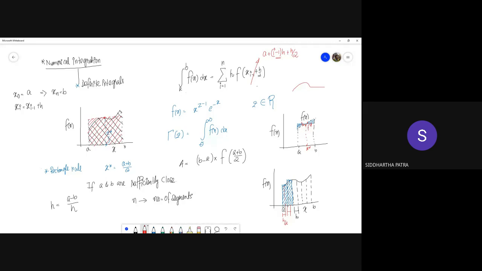My point here is that if the portion of the function in a given segment is actually a straight line, I'm able to evaluate the integration exactly, at least for that segment, using the rectangle rule, or the rectangle method.